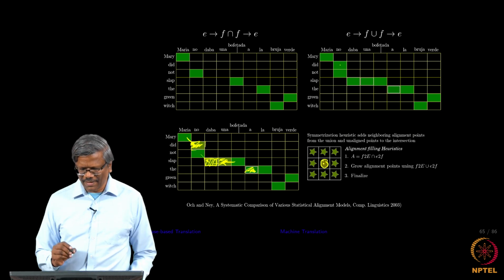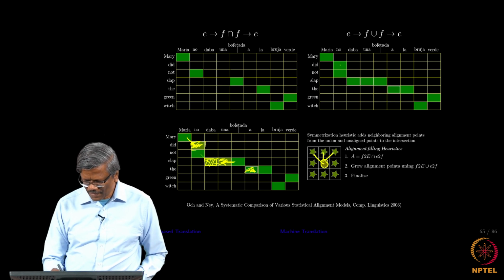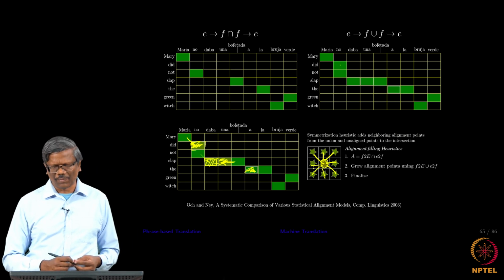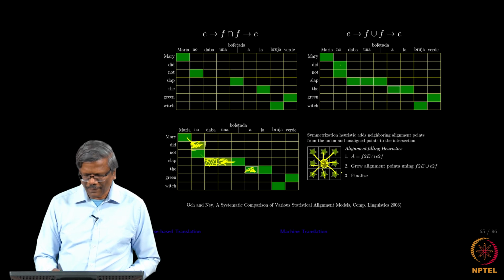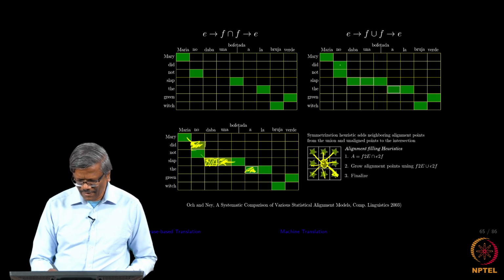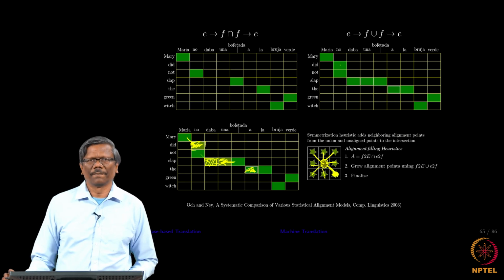Okay. This is the alignment that you already have. It is similar to the neighborhood algorithm that you might have seen in image processing. So, it is an 8 neighborhood. So, you try to find out whether there is one available here. If this point is available as part of the union, fill it up.